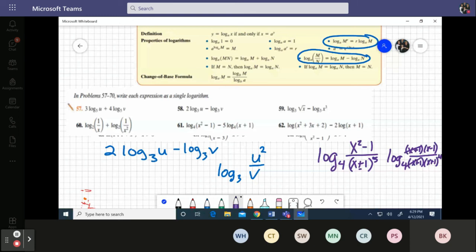So my last would be log base 4, x minus 1 over x plus 1 to the fourth power. See what you can come up with for 62.